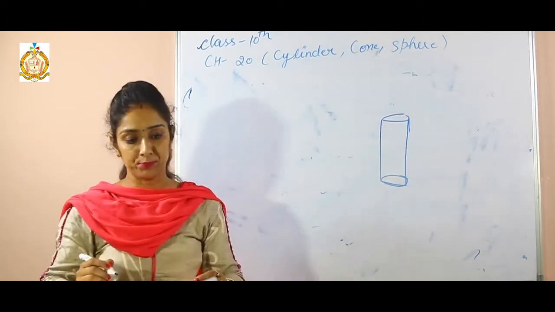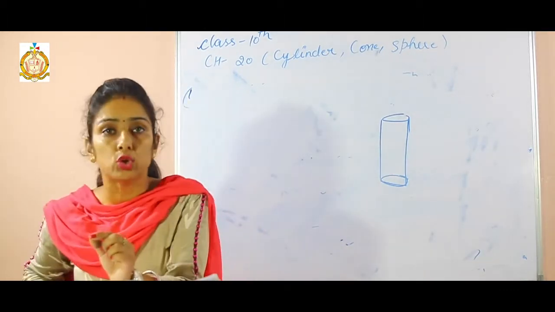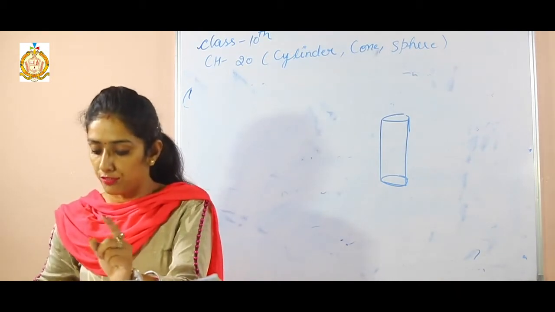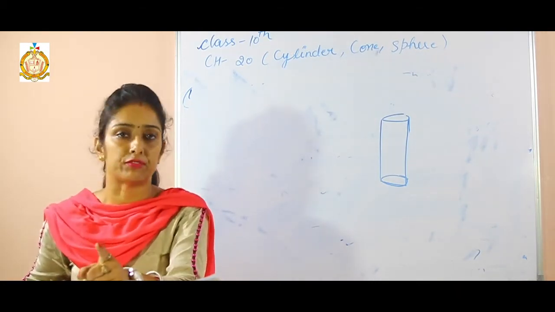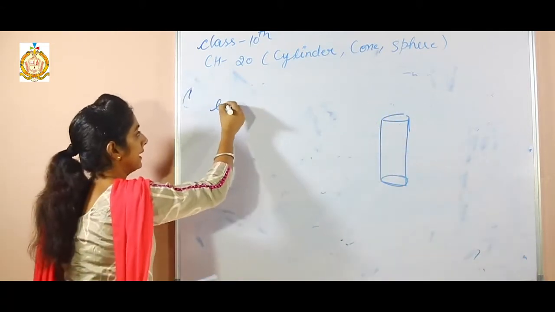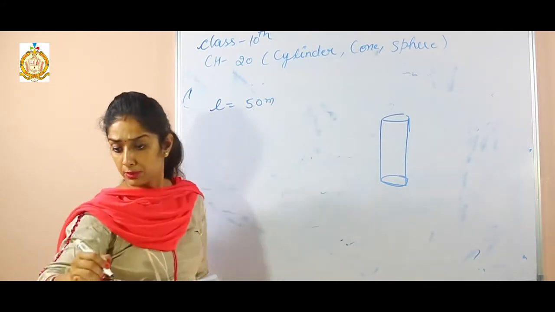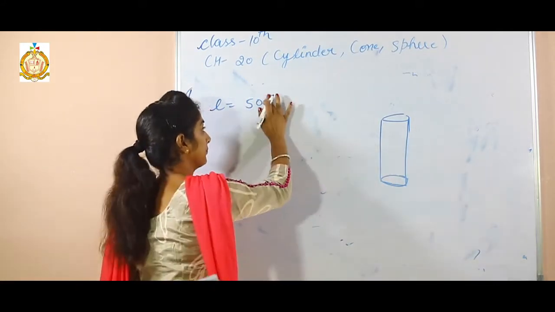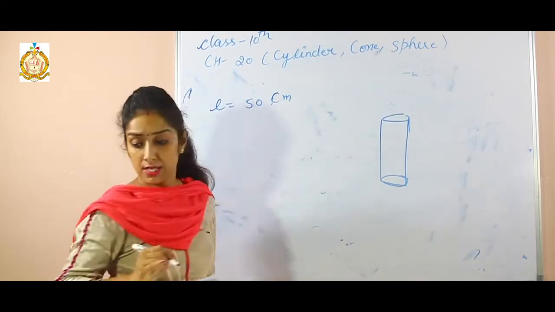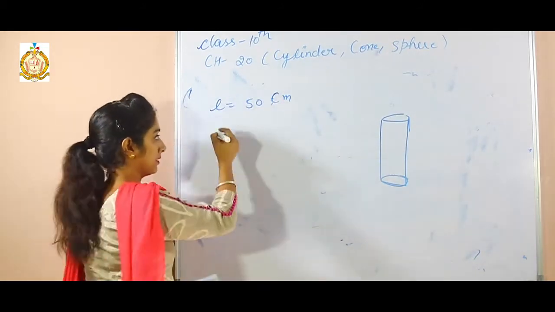Find the total surface area of an open pipe of length 50 centimeter. This is an open pipe, so its length is 50 centimeter, right, and its external diameter is 20 centimeter.